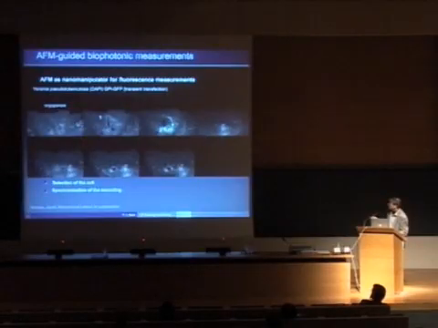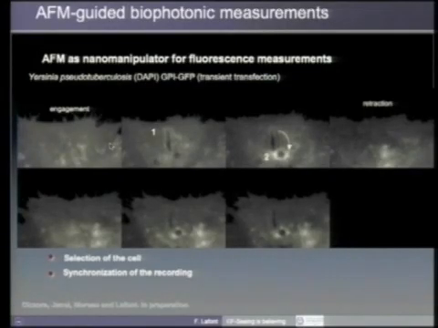And what you see here is that all this labeling is now shifting from this bacterium to the next one here. And you can imagine that it is because this one can't be internalized. But a big advantage of using AFM, for instance, versus optical tweezers, is that here you can retract the cantilever.